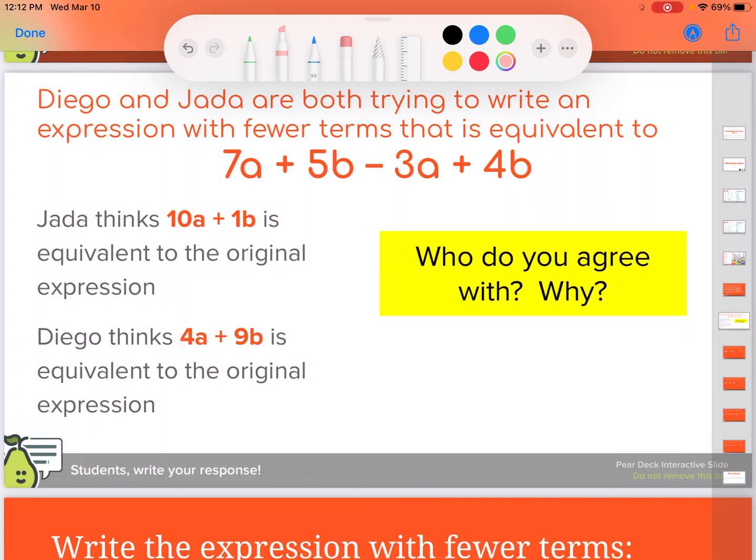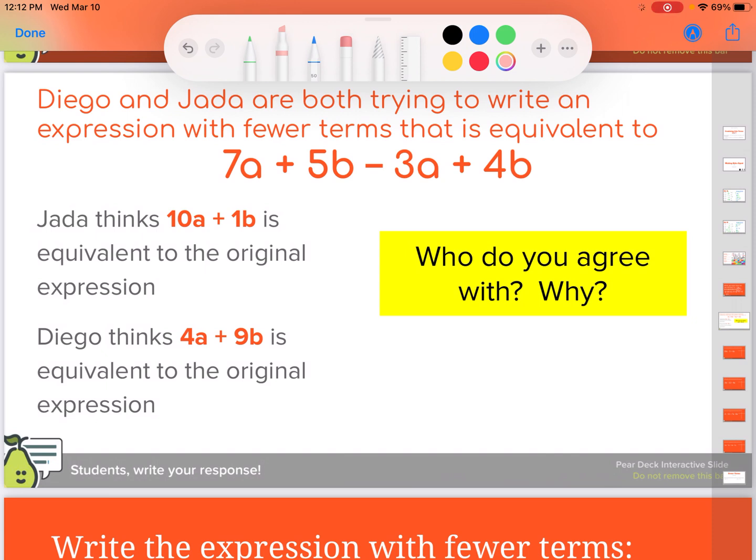Diego and Jada are both trying to write an expression with fewer terms that is equivalent to 7a plus 5b minus 3a plus 4b. So Jada thinks it's 10a plus 1b, and Diego thinks it's 4a plus 9b.